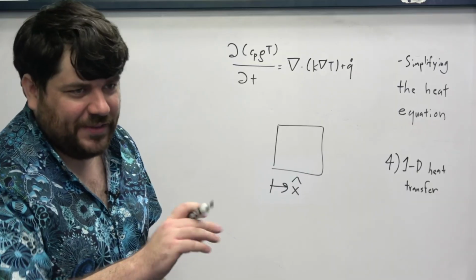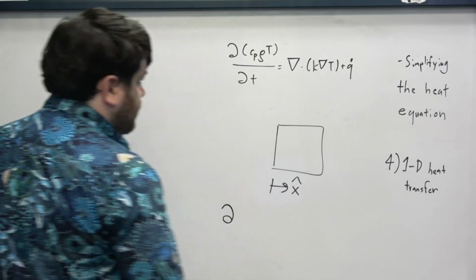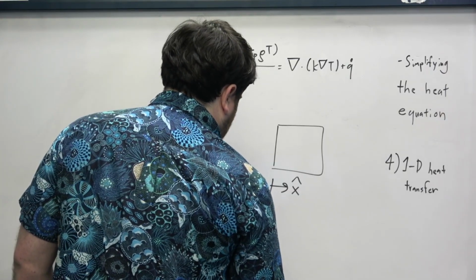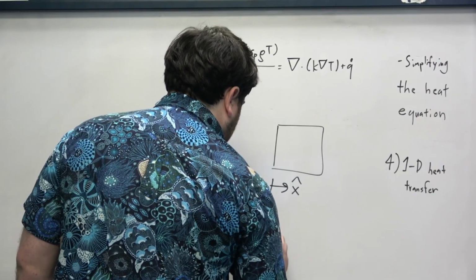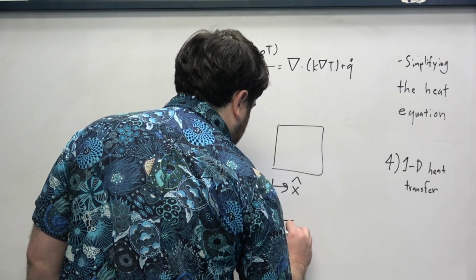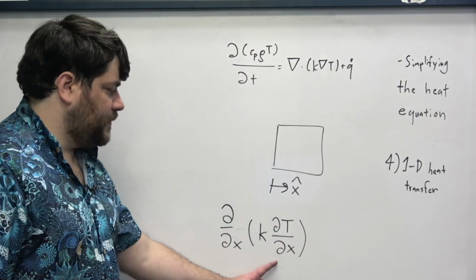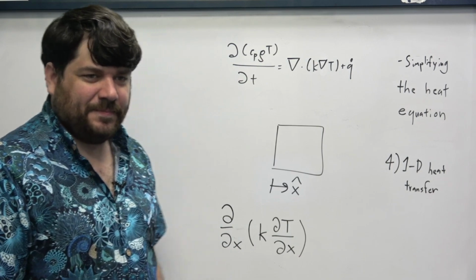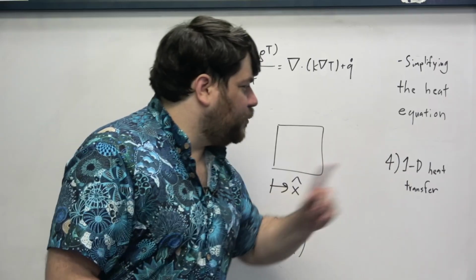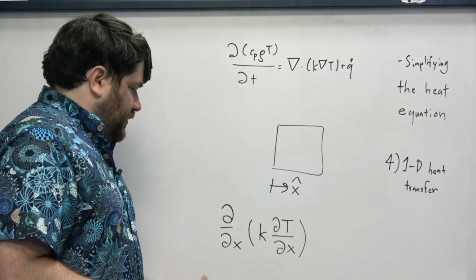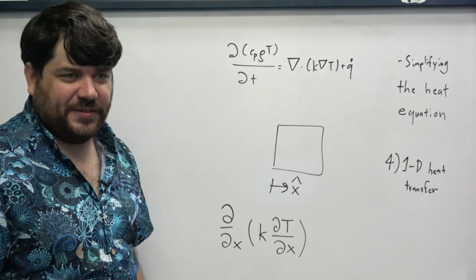Well, simple-ish, which is just the rate of change with respect to x of k times the rate of change of T with respect to x. So whenever I'm dealing with a planar object, a planar one-dimensional heat transfer, this expression over here gets turned into this.